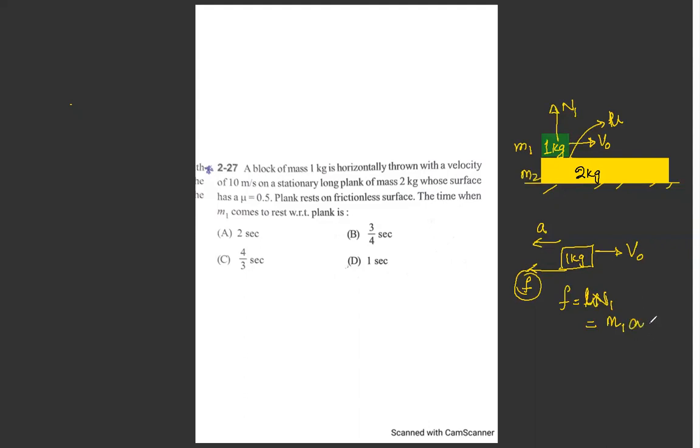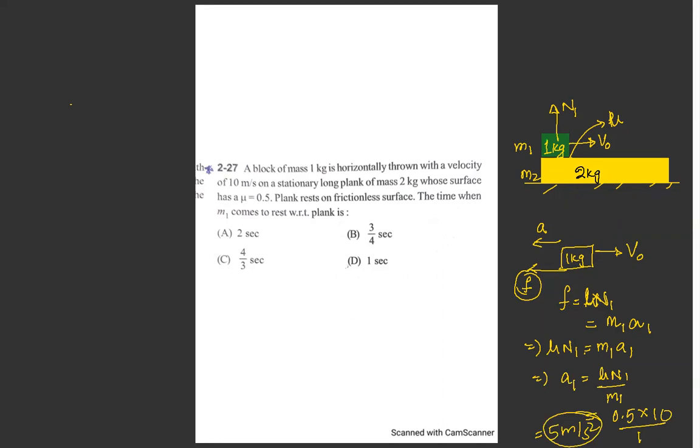So the acceleration of the upper one is coming out to be mu N1 by M1. Mu is 0.5, normal reaction is 10, mass is 1. So A1 is coming out to be 5 meter per second square.